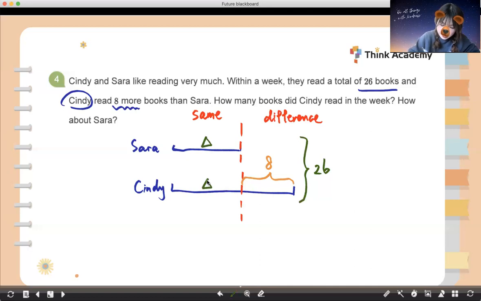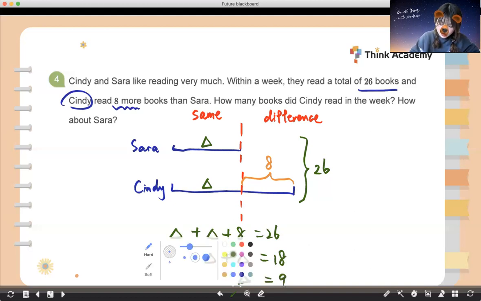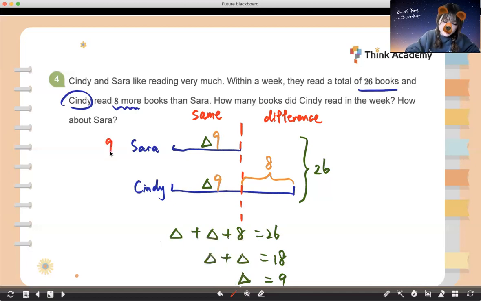And we will see that triangle plus 8 will give us 26, which means triangle plus triangle equals 18, and the triangle equals 9. Once we figure this out, we know this part is 9, this part is also 9. So our final answer is Sarah reads 9 books in the week and Cindy reads 9 plus 8, which is 17 books in the week.